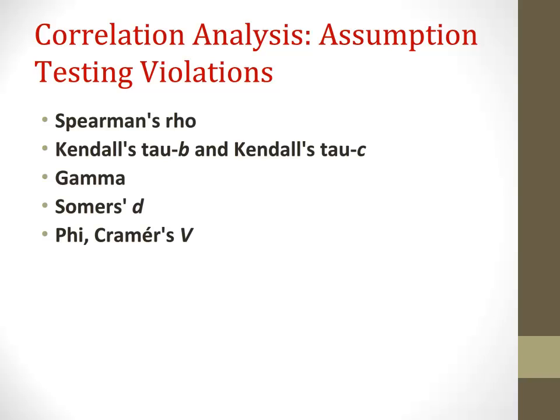Another is gamma, and sometimes you'll hear this referred to as Goodman and Kruskal's gamma. It's another measure of the relationship, and just like Pearson's r, it varies from +1 to -1. Gamma assumes that both variables are ordinal, so that's one reason you'd use it.